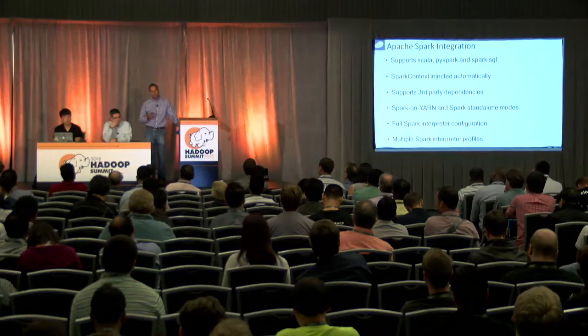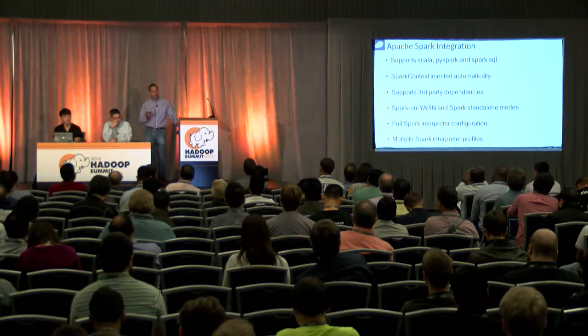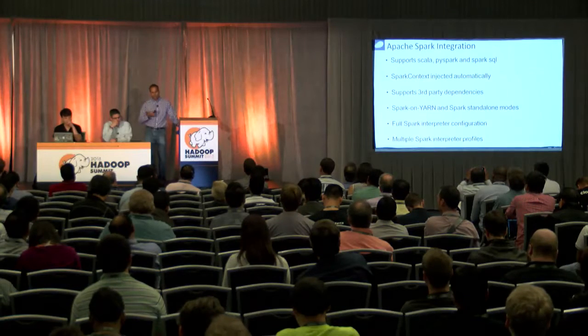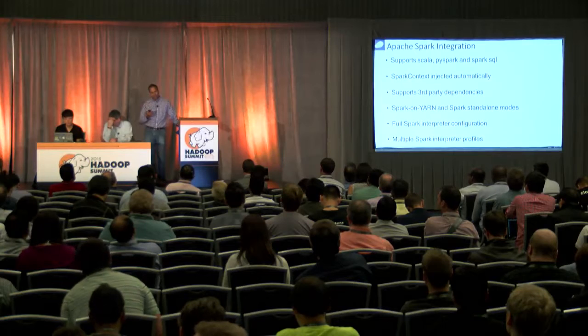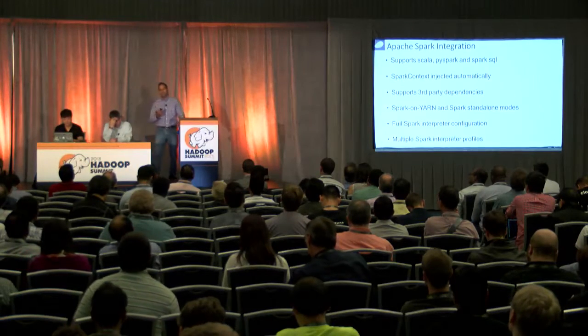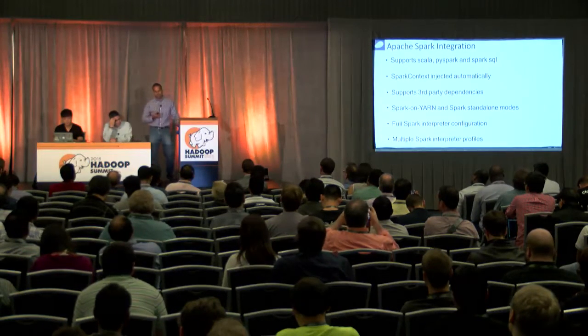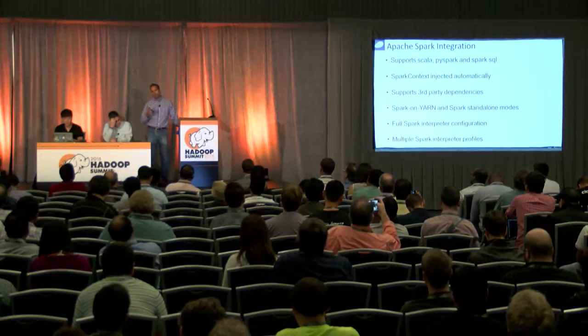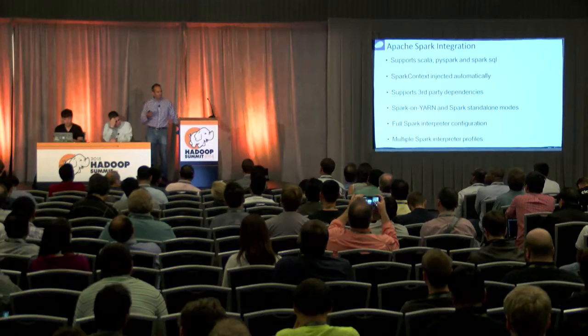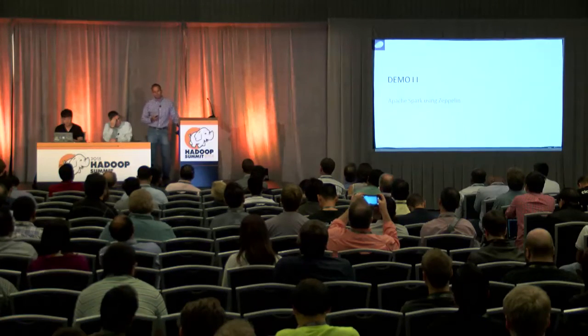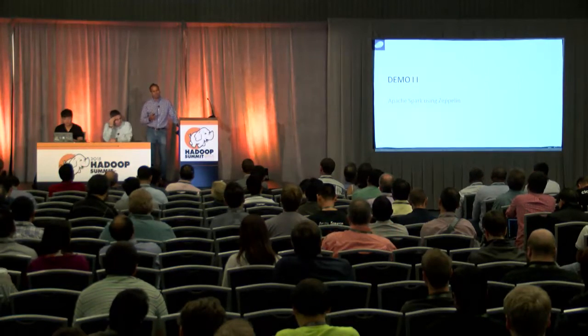So let's talk about why Zeppelin is so good in terms of architecture and how it integrates automatically with Spark. We'll dive deeper into another demo from Moon, where we'll talk about the architecture of Zeppelin and what different backends it has.